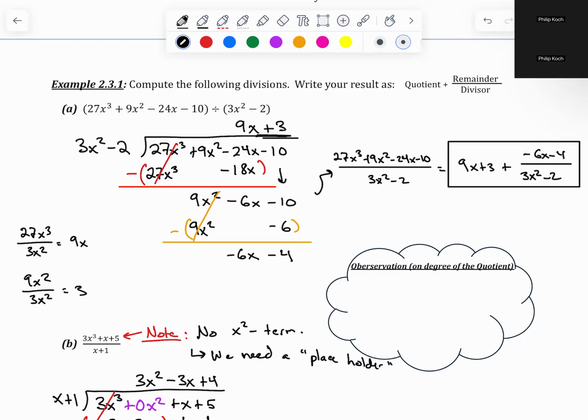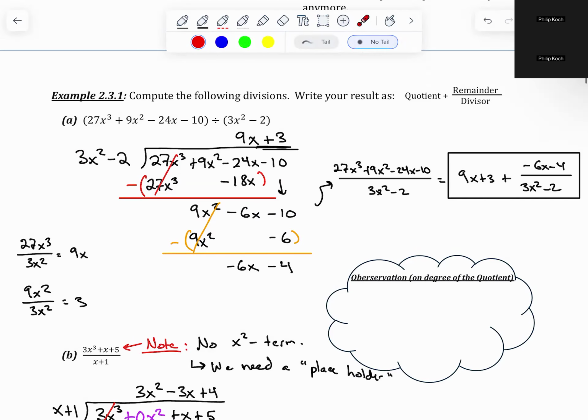So when you're trying to figure out what the 9x is, yes. So I was hoping someone would ask that. You really only need to worry about the leading term. And the way I like to think about it is imagine if you were dividing by 30, you're really not thinking about how many ones go into it. When you've got 30 divided into something, you're really concerned with the 3 more than you are the 0.